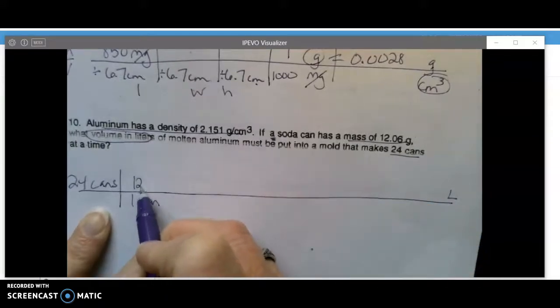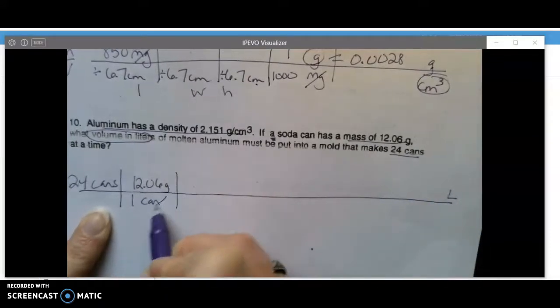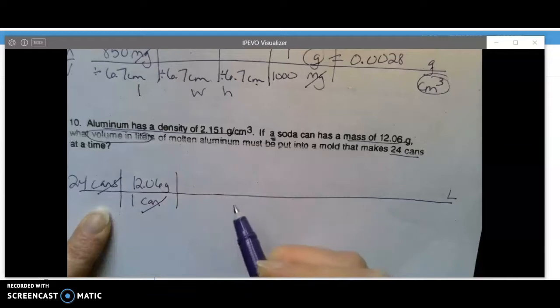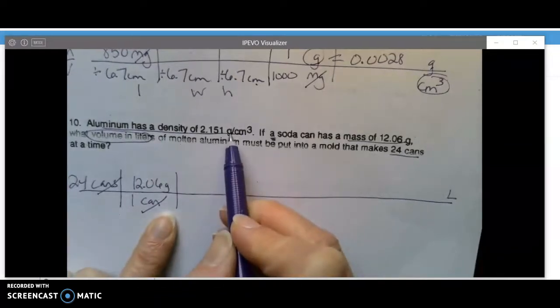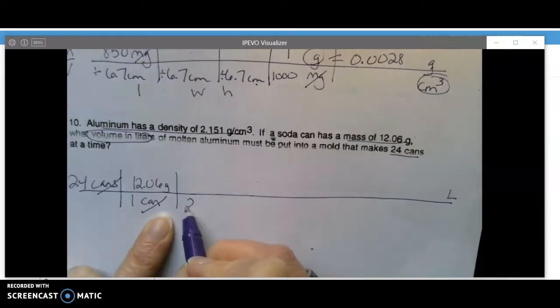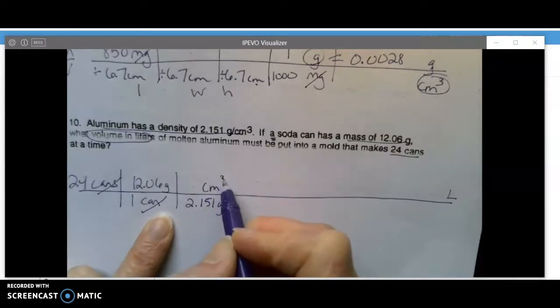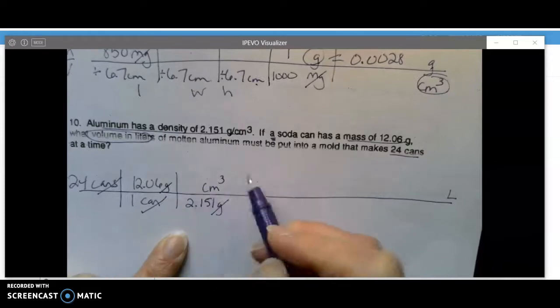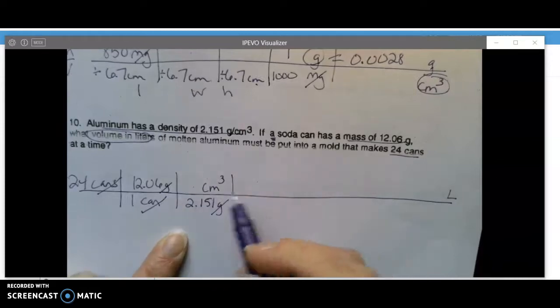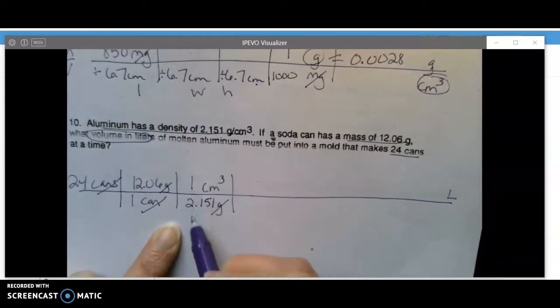Has a mass of 12.06 grams, so that gets rid of my unit of cans. I then have grams, which I can use density to get rid of that. And that gives me cubic centimeters. Again, if you don't like that, you can put a 1 in, but this whole relationship is 4 sig figs.